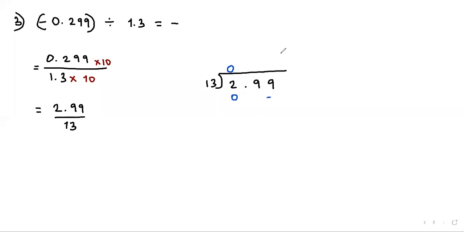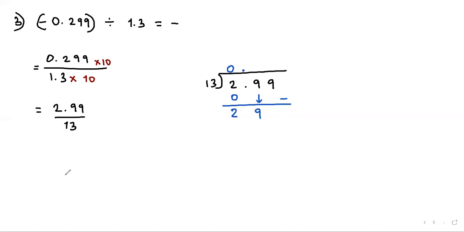Subtract 0 from 2, what do you get? 2. Okay. Now, we cannot divide 2 by 13. We have got to bring 9 down. But before we bring 9, we have to write this decimal point. Is it okay? So we can bring 9.